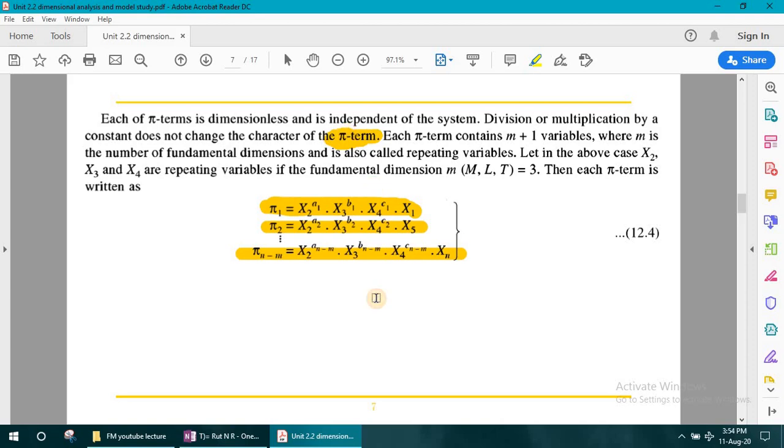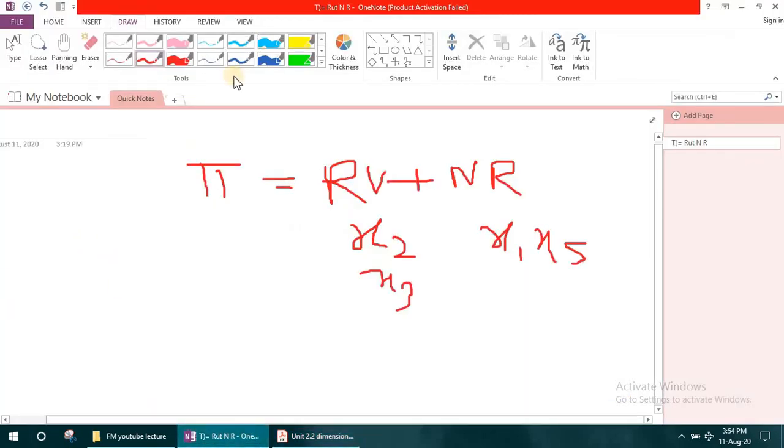But there are rules for how to determine the repeating and non-repeating variables. Suppose in the examination one problem is there: y1 is a function of y2, y3, y4, y5, y6.